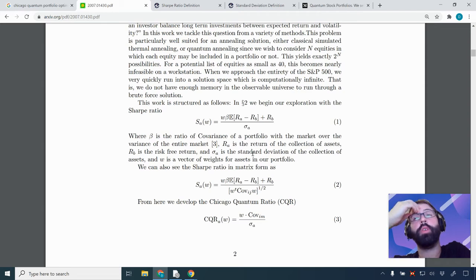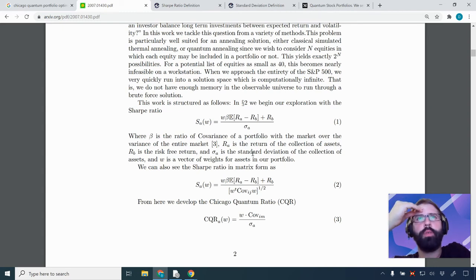So what you're doing is trying to calculate the Sharpe ratio of a portfolio, of a particular choice. W tells you the weights, as in invest everything in two of them, or do 50-50, or do 30-70 or something like this.